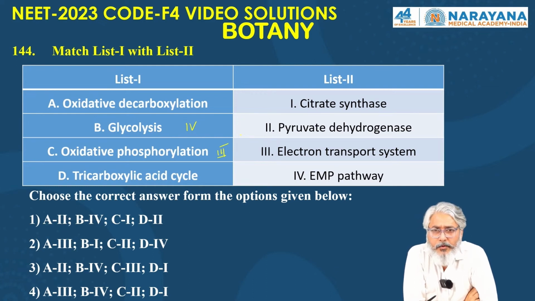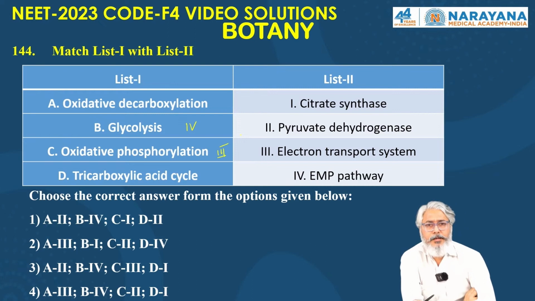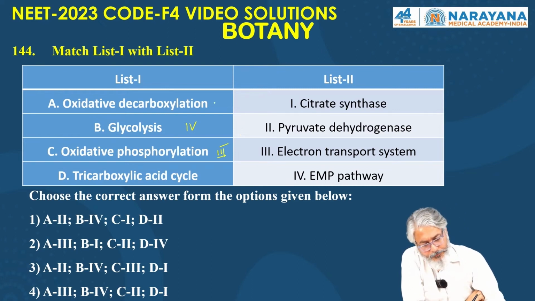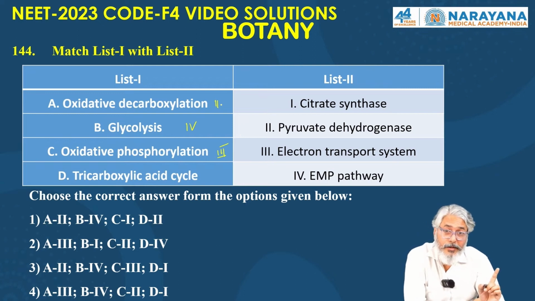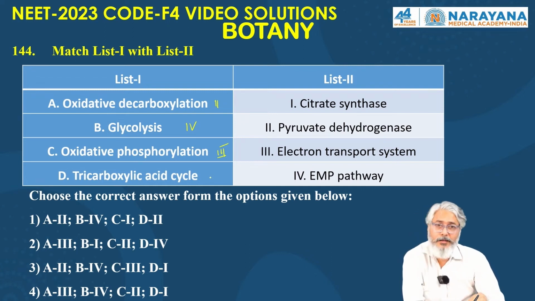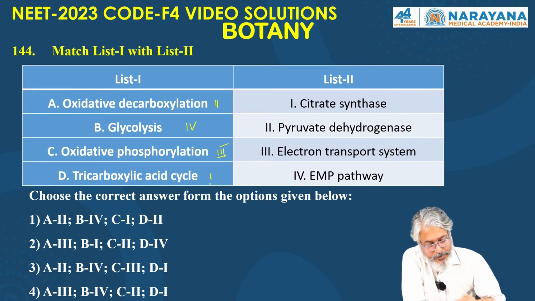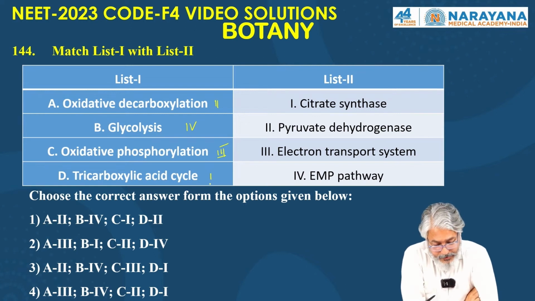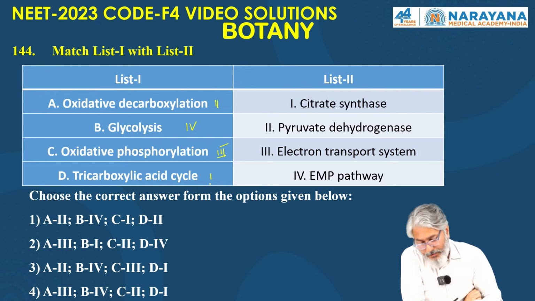Oxidative decarboxylation occurs with the help of pyruvate dehydrogenase. Just think about the link reaction. And the tricarboxylic acid cycle is called the Krebs cycle, and the first enzyme here is citrate synthase. So D1 and C3, the answer is the third one.